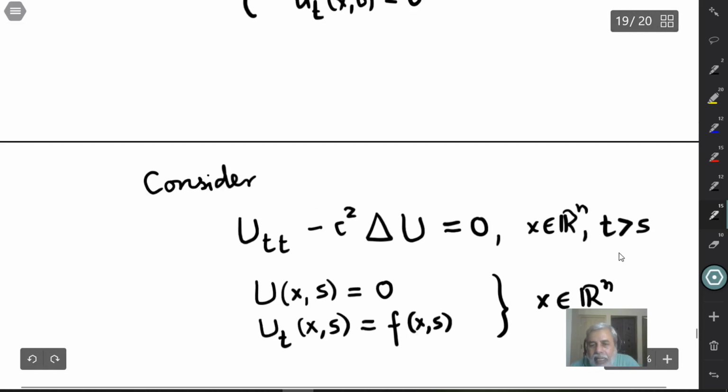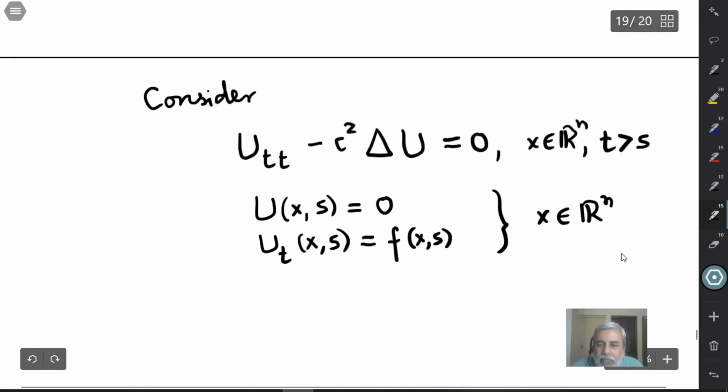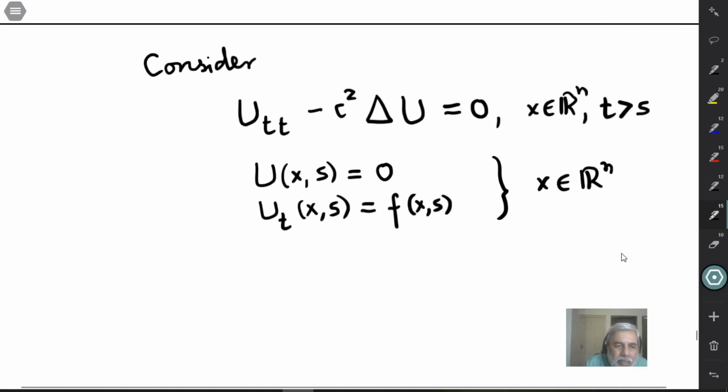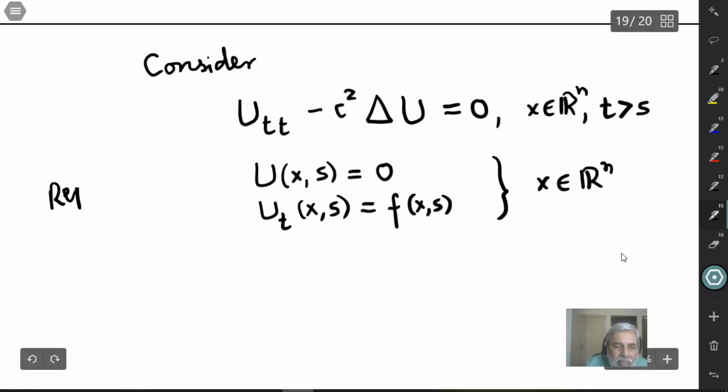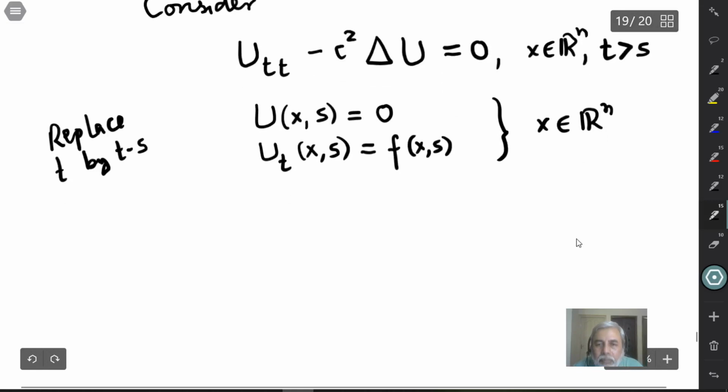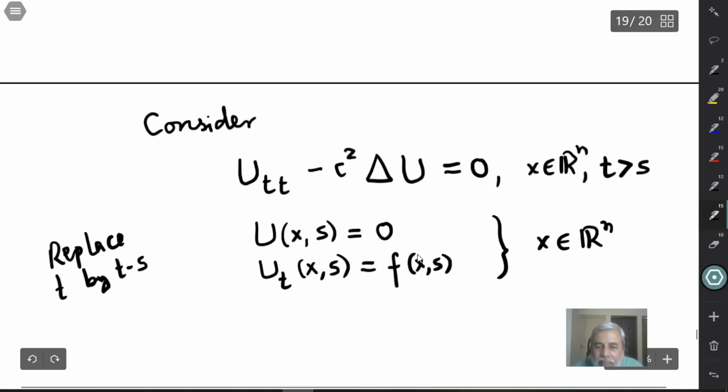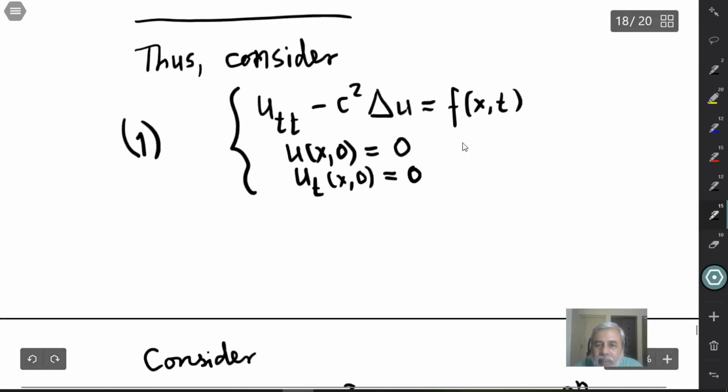So you just replace t by t minus s in the formula, and this f is the same as this f.